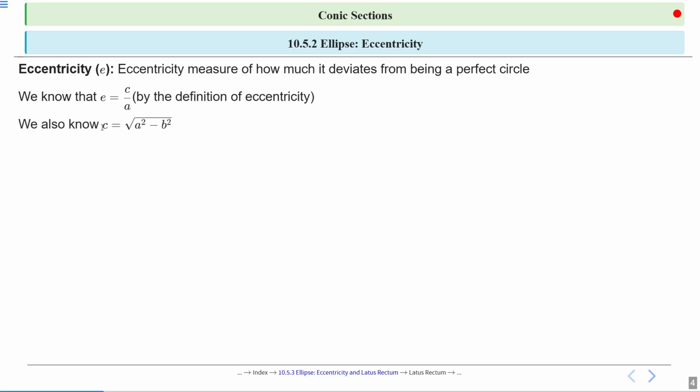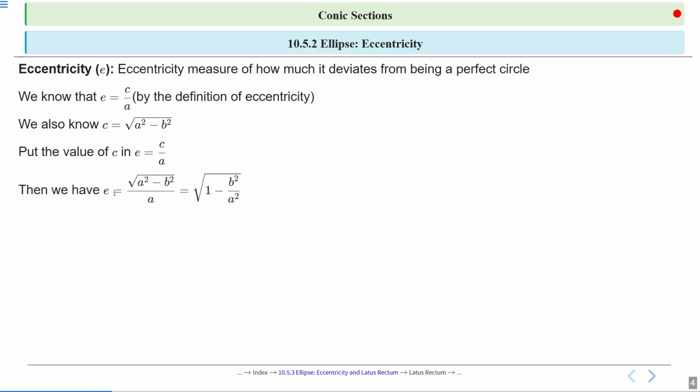We also know the formula c equal to square root of a square minus b square. In our previous lecture we established this relation between a, b and c. Now put the value of c in eccentricity e equal to c upon a.